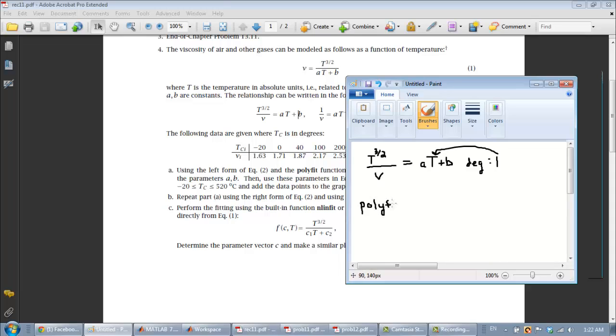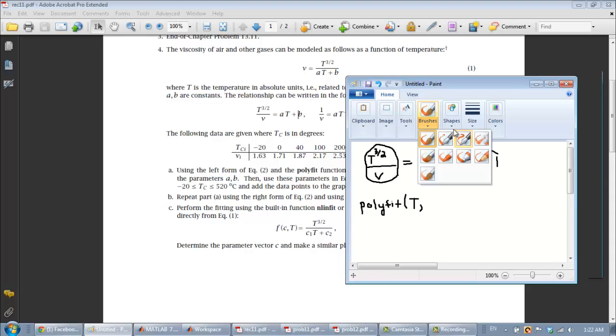Okay, and what is our dependent variable? What is the polynomial written in terms of? Well, it's written in terms of t. Okay, so what is the y? This is what confuses a lot of people because most people will just put v. Don't do that. Your y is going to be this entire expression over here.